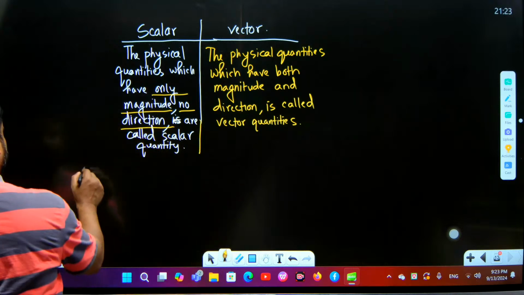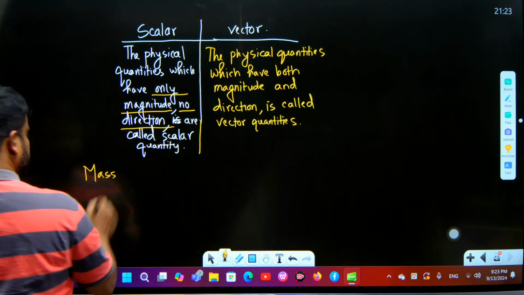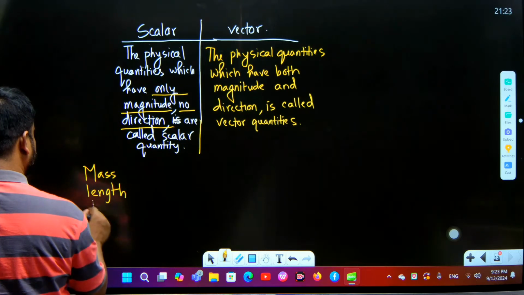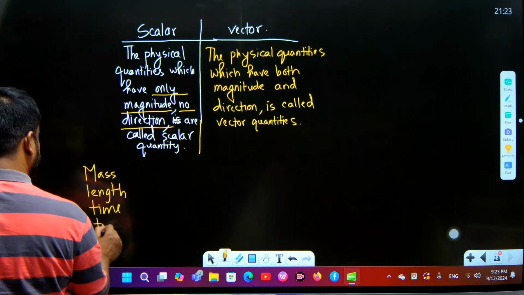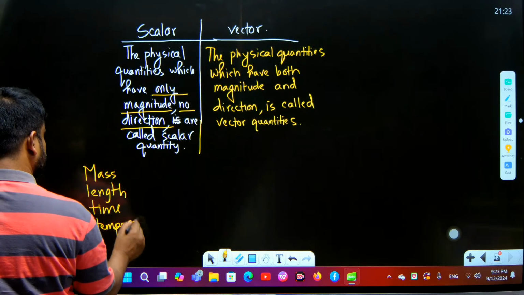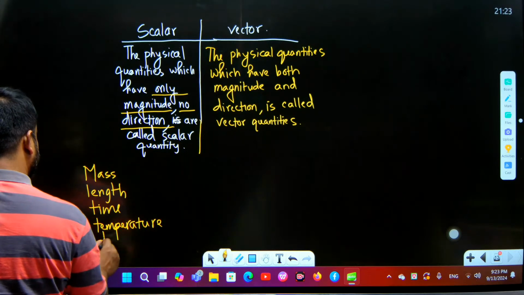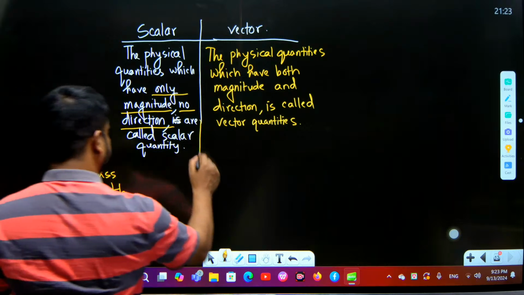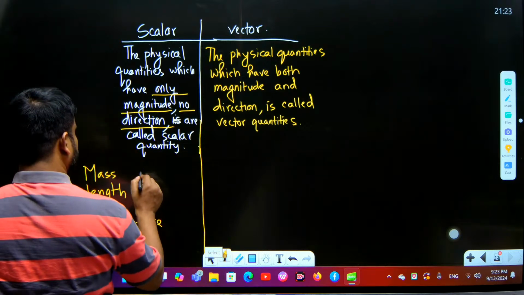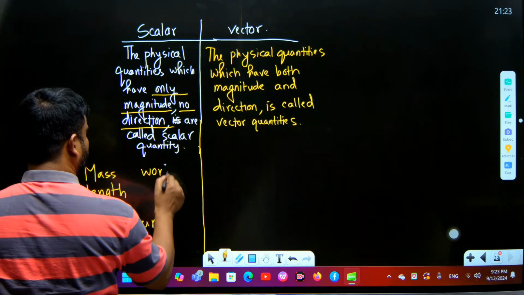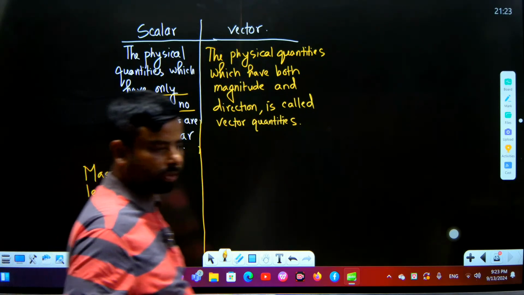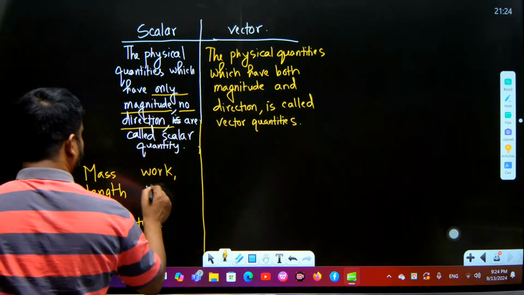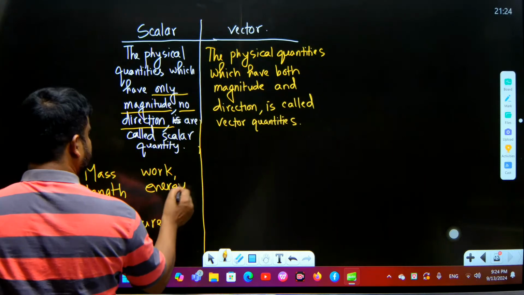Scalar: mass is a scalar quantity. Length, time, temperature, density are scalar quantities. Work, energy: all types of energy are scalar quantities.